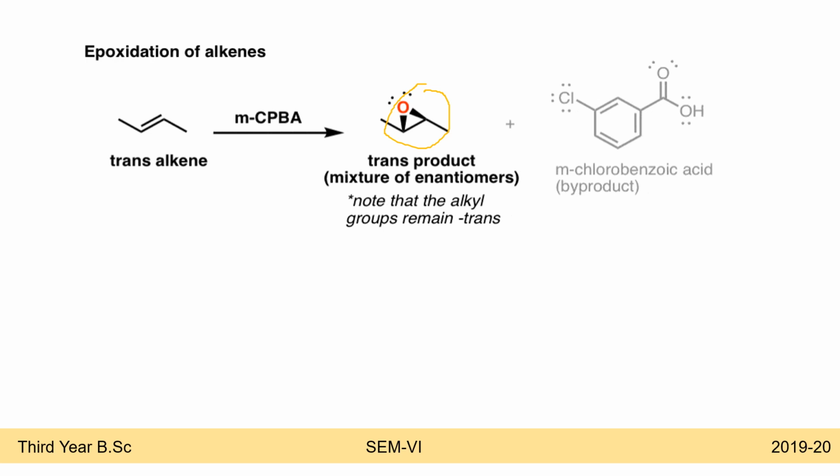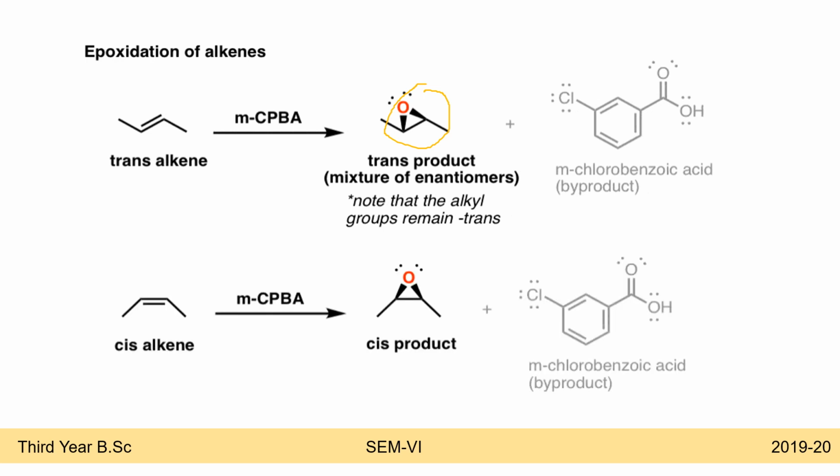Note that this is a very important sentence. If we take a cis alkene, then it always gives a cis product, with this byproduct. So here again, these two bonds of oxygen are added from the same side, so it is a cis addition, syn addition.